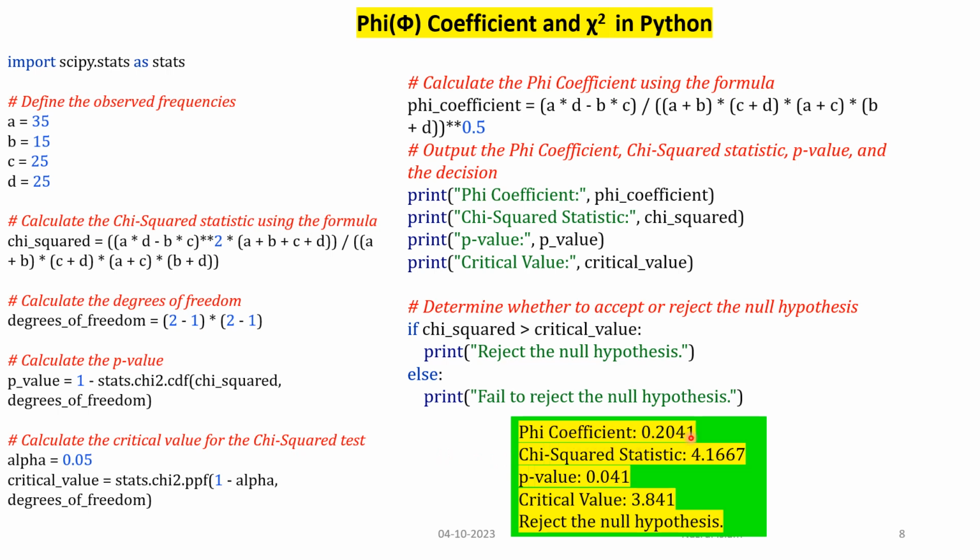And this is the phi coefficient, we know this. This is the chi-square value, this is the p-value, this is the critical value, and the comment is reject the null hypothesis. So you can try this phi coefficient and chi-square in Python software.